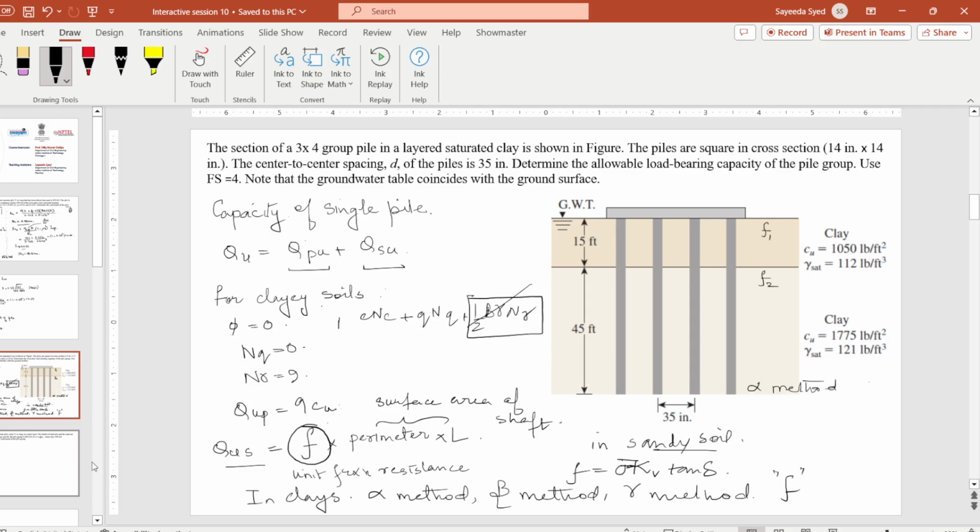So f1 will be equal to, let's call it alpha 1.